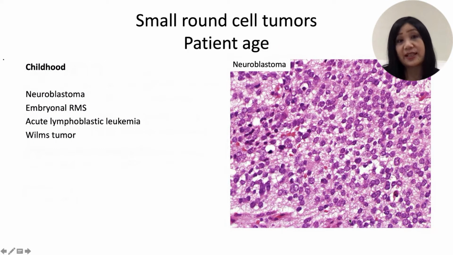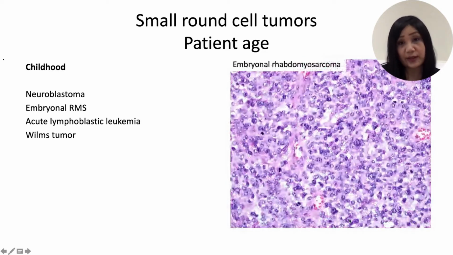So as Cyril has already described, different small round cell tumors occur at different ages. In very young children, we have neuroblastoma, embryonal rhabdomyosarcoma, ALL, and Wilms tumor. Neuroblastoma doesn't occur as a primary neoplasm in children much older than 6 years. Embryonal rhabdo, as we know, is not classically a round cell neoplasm, but sometimes when the ovoid cells are very tightly packed together, it can look like a round cell tumor.